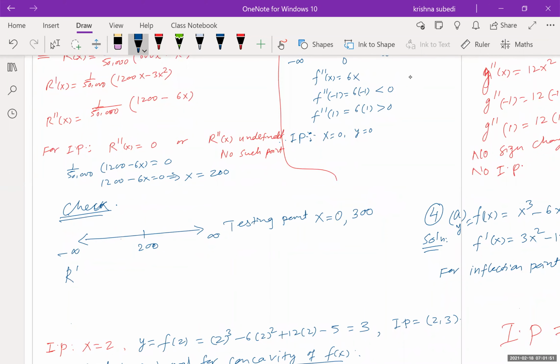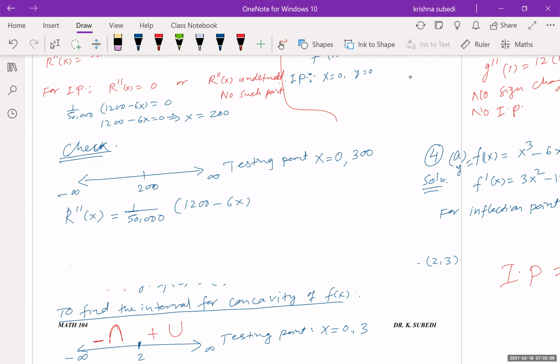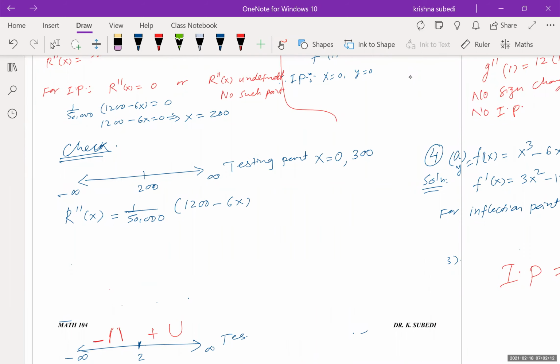So your second derivative, let me just copy that, which is 1 over 50,000 times 1200 minus 6x. If I plug in x equal to 0, I'm going to get 1 over 50,000 times 1200 minus 0, that's going to give me positive.